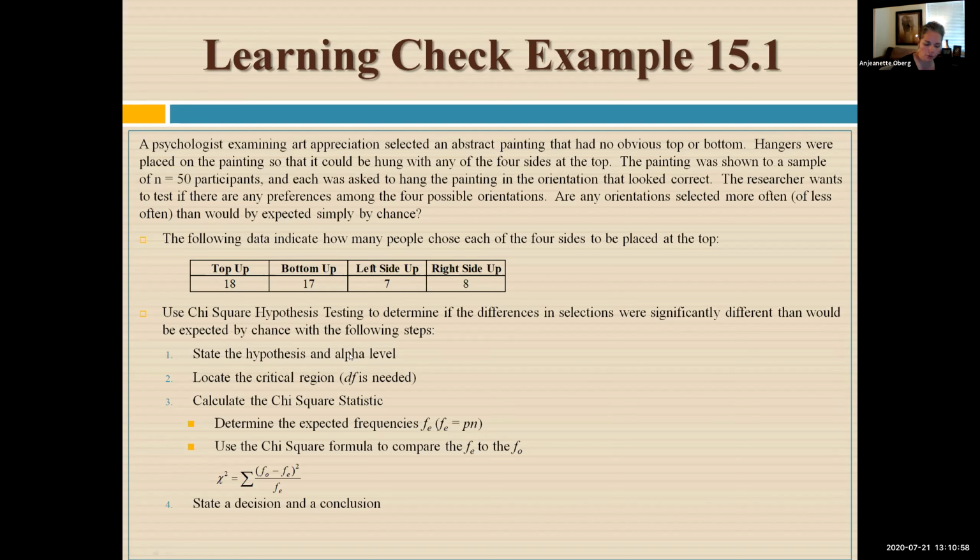What we need to do is submit it to a hypothesis test. So the first thing we're going to do is state our hypothesis. I'm writing this down for a second because I'm going to leave this and go to the work screen, so I need to know what our data is. We're going to state our hypothesis and our alpha level just like anything else.